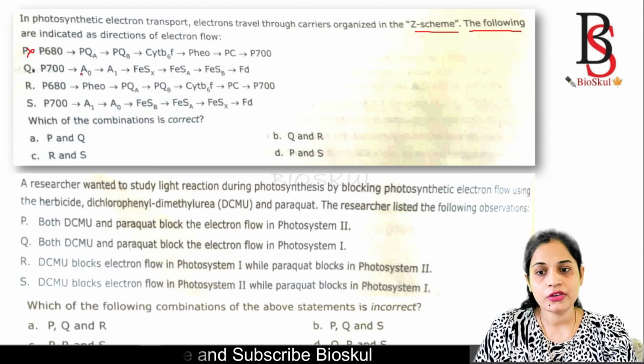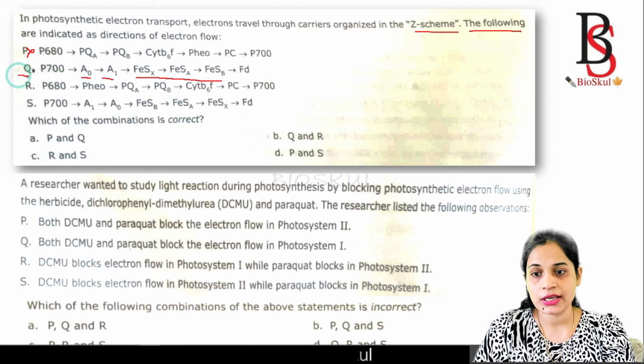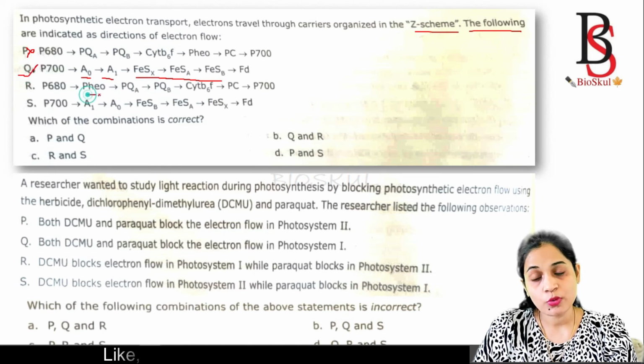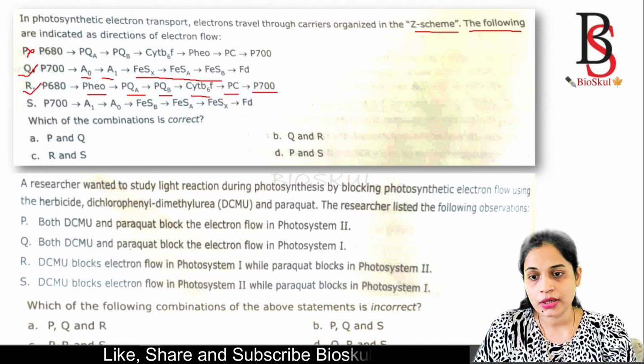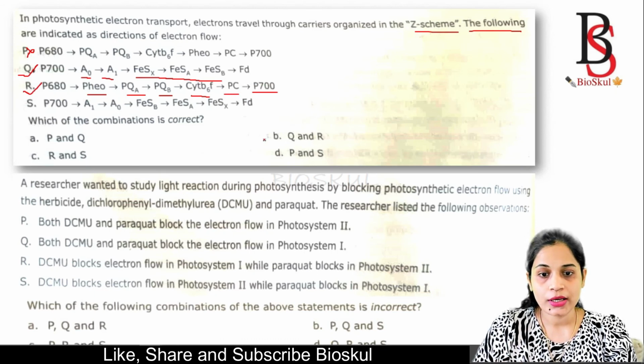Then P700, it moves to the A0, A1, then iron sulfur complex FX, FA, FB, then ferredoxin. This one is right. Then P680, it moves to the pheophytin, then quinone A, B, then cytochrome b6f, plastocyanin, then the photosystem 1. This one is correct. So the Q and R are the correct options. Q and R, that is option B is the correct one.